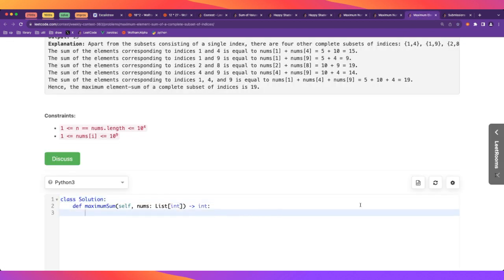So we need to find a way to factorize the numbers. The numbers that we care about, remember, are the indices, and the indices are up to 10 to the 4. So that's not a big number.